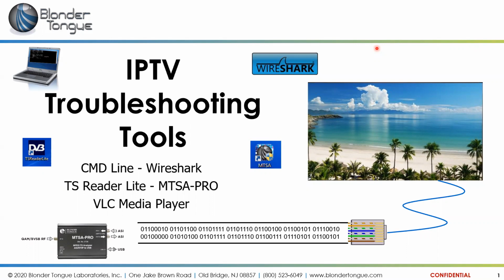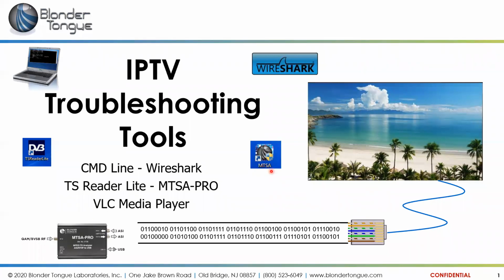Thank you, Liz, and welcome everyone to another installment of our webinar series. This one we're going to talk about the troubleshooting tools we can use when we are trying to set up or troubleshoot an IPTV video system.